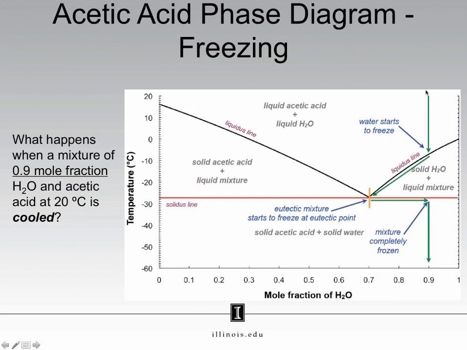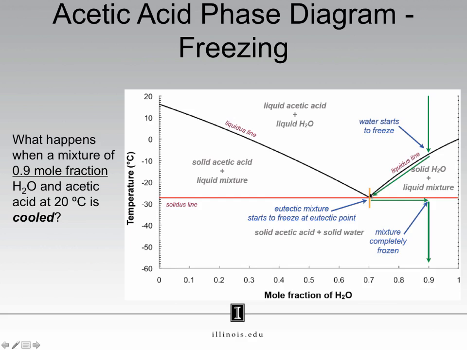We started with a mixture at a particular mole fraction at a particular temperature. We began to cool it down until we hit the liquidus line. When we hit the liquidus line, the water and only the water began to freeze. As a result, the mole fraction of water in the liquid left behind decreases and continues to decrease until we reach a eutectic mixture.